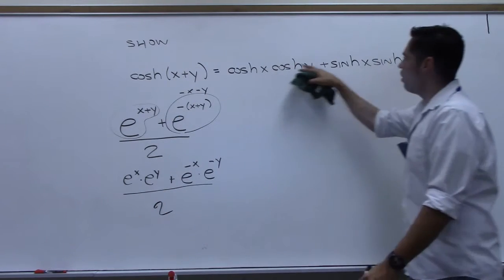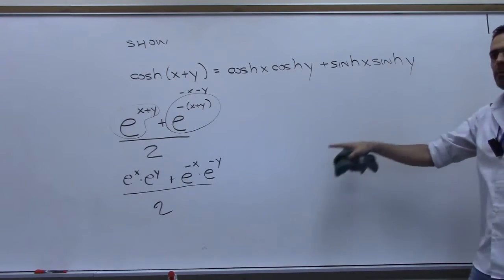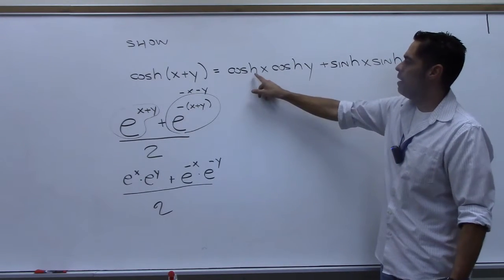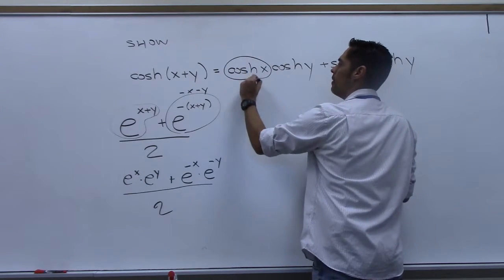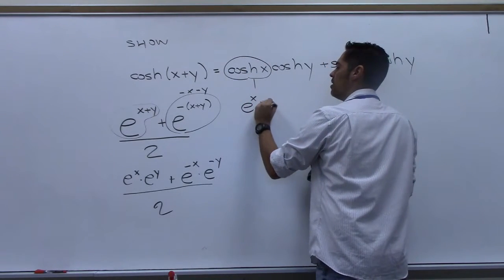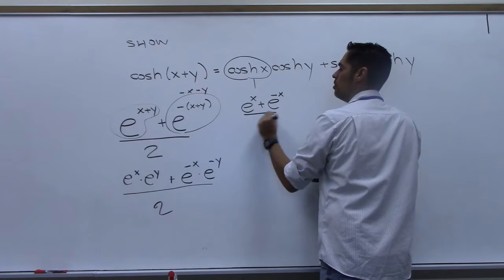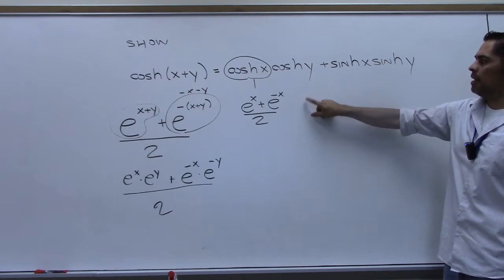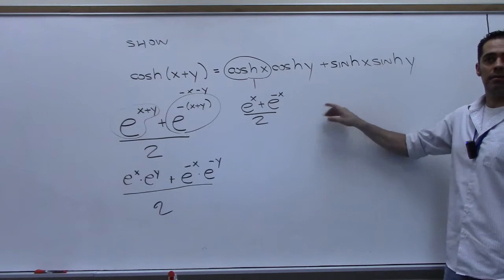I bet that if you work with this side now, you'll be able to get it to this. But remember, this one is e to the x plus e to the negative x over 2. The next one would be e to the y plus e to the negative y over 2.